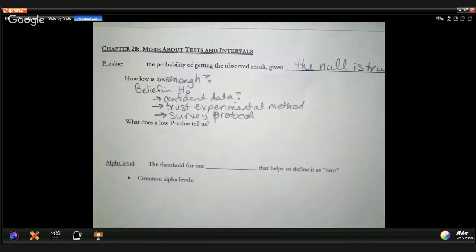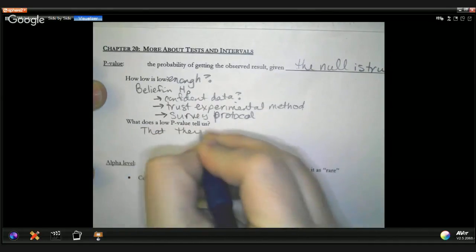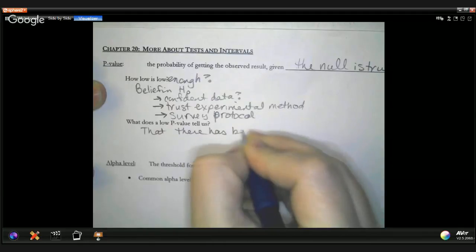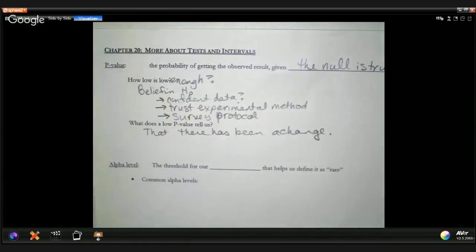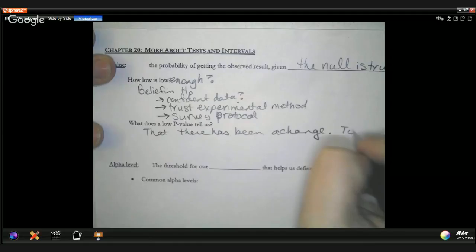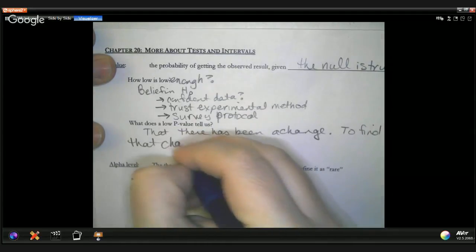Okay, so what does a low p-value tell us? A low p-value tells us that there has been a change. To find out what the change was, we run a confidence interval.